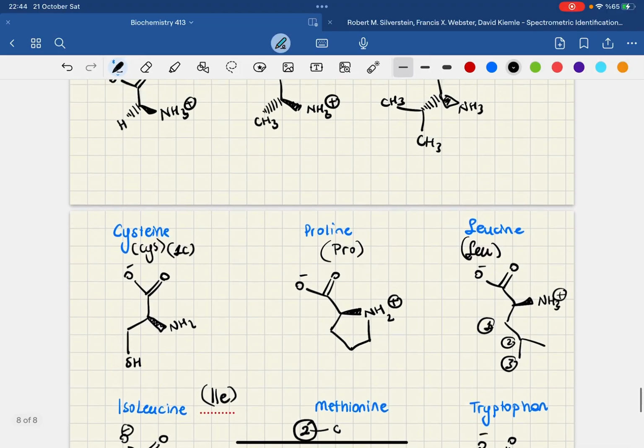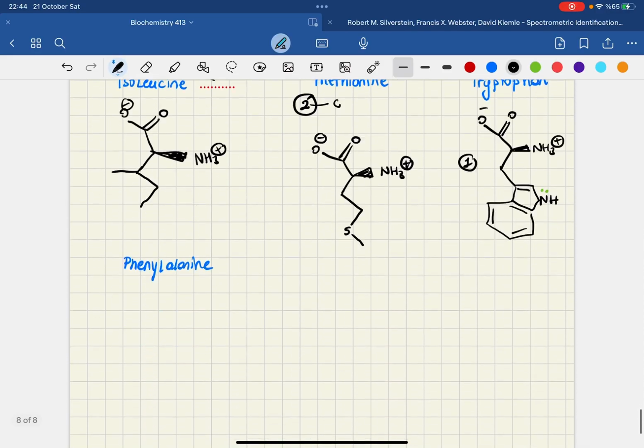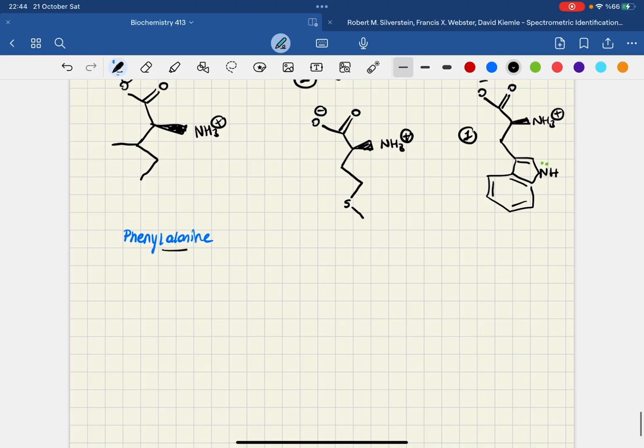What was alanine? Alanine had just 1 carbon, as you can see here, right? Just 1 carbon, which is this one. Now you need to remember that alanine signifies 1 carbon, and phenyl, as we know, signifies this group over here.